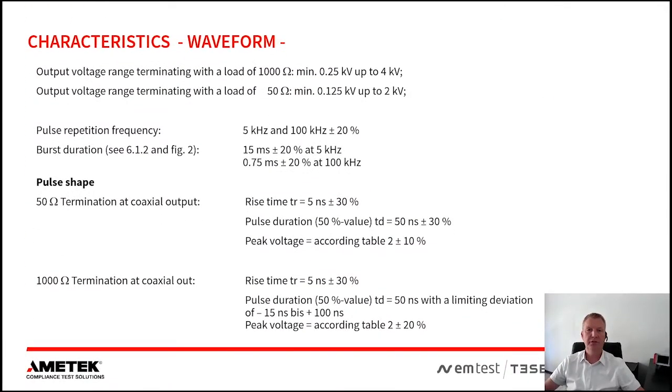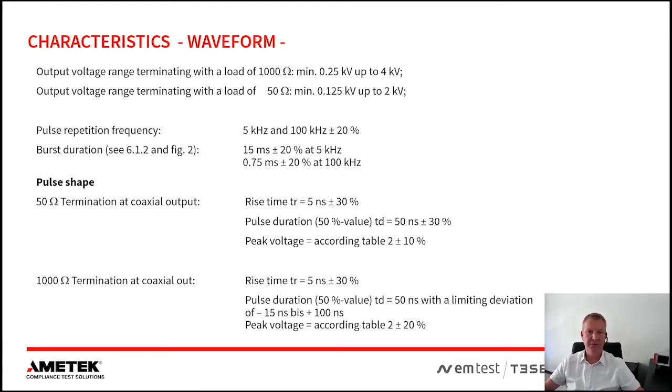The output voltage range for a load of 1000 ohm is specified with 0.25 kV up to 4 kV, and for 50 ohm load between 0.125 kV up to 2 kV. We have two repetition frequencies, 5 kHz and 100 kHz, both with a tolerance of plus minus 20%.